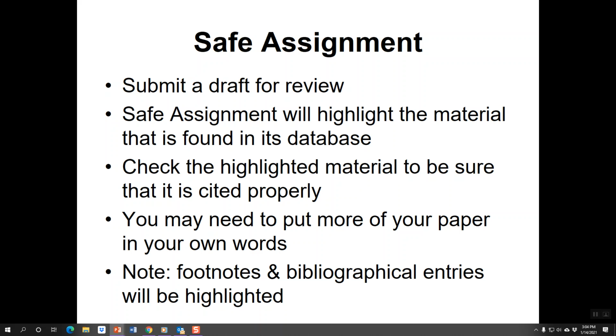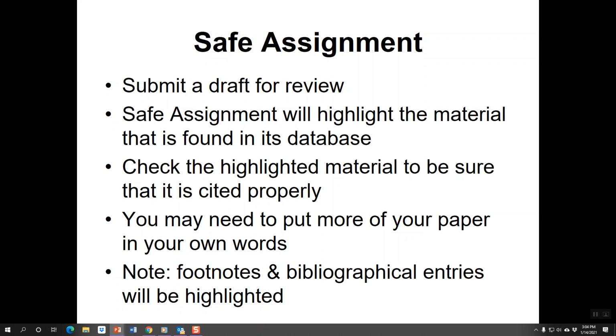Now, if you see a lot of your paper that has been highlighted, that means that you have included too many words written by your sources. And so you need to put more of your paper in your own words. I realize that you are conducting research and reading what others have written, but I want you to assimilate that information and give it back to me in your own words.